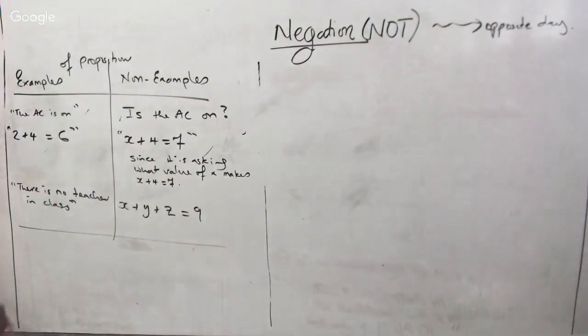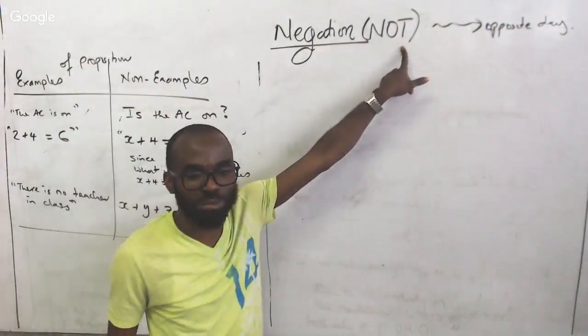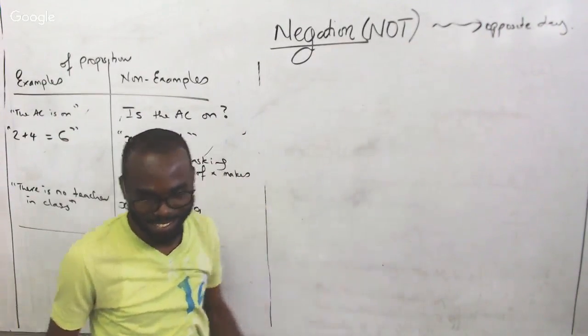So if I were to look at all these and say, all right, the AC is on, what would be the negation of that statement? What would be the opposite of that statement? The AC is not on. Some people like to talk about exclusive opposites, like use the word off. I just say, anywhere in the sentence, just find a suitable place to put not, right?